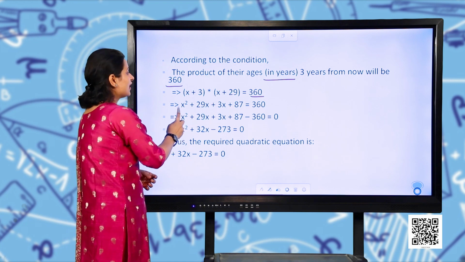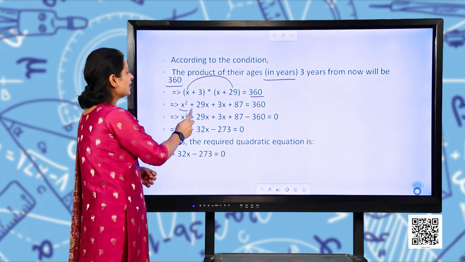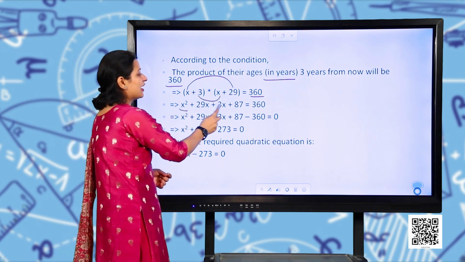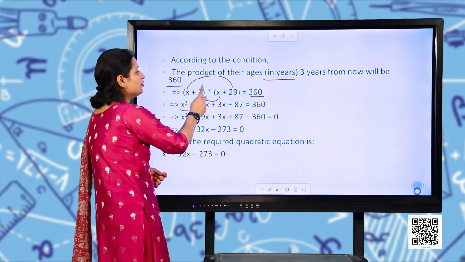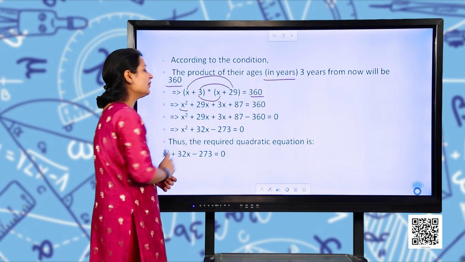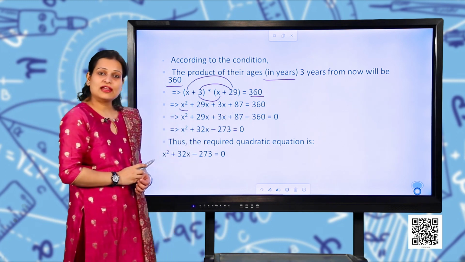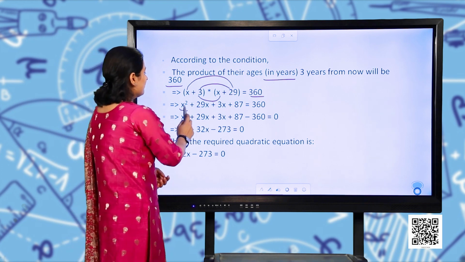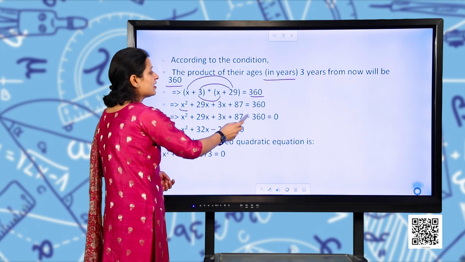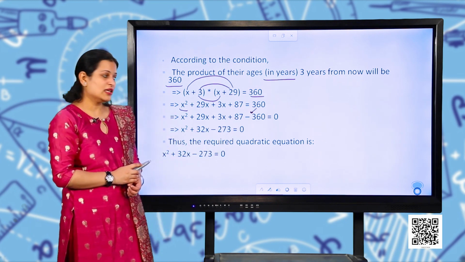Now, just open these brackets. x into x you will get x square, x into 29 you will get plus 29x, 3 into x you will get 3x, and 3 into 29 you will get 87, equals 360. Now, transposing 360 to the left hand side, sign will change: x square plus 29x plus 3x plus 87 minus 360 equals 0.